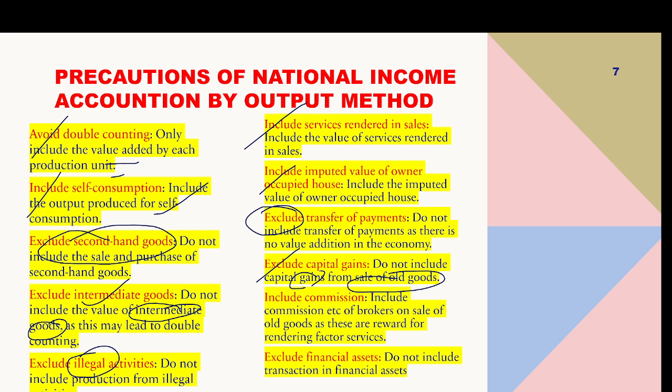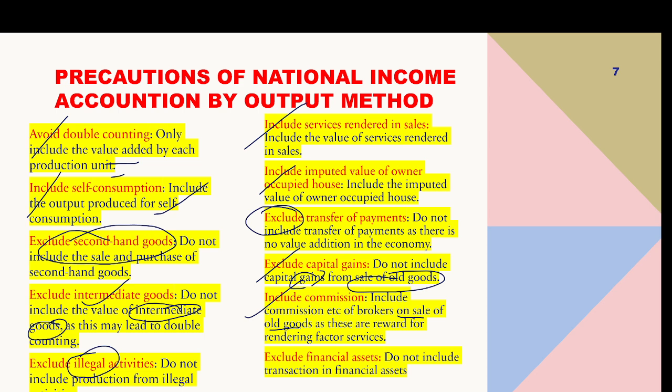Now, include commission. If you are getting brokerage, it is a part of your income. So, use the brokerage for counting national income. It's a very important part. While selling old goods like a car or jeep, on selling and purchasing, brokerage is to be paid. So, this is a part of national income because this is earning.